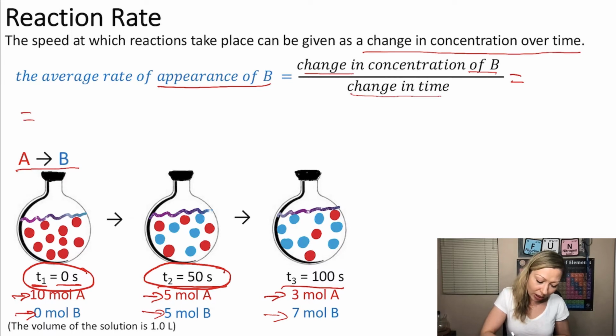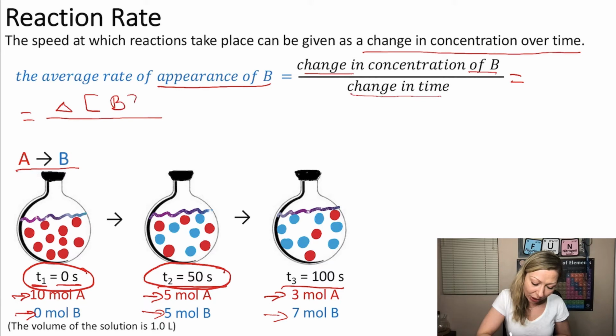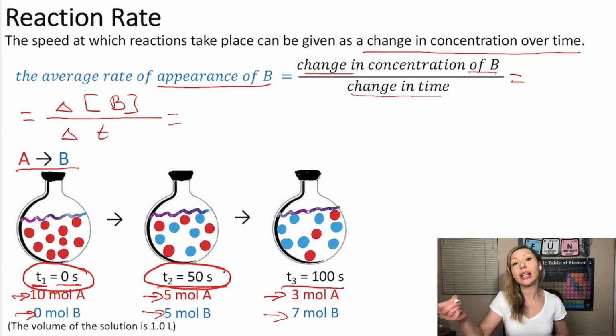The change is given with delta, and the concentration is defined with square brackets. So the concentration of B over the change in time, T. The concentration here is generally molarity, so moles over liters.